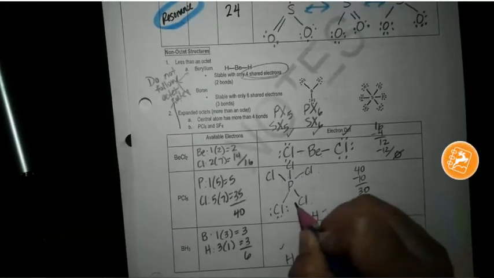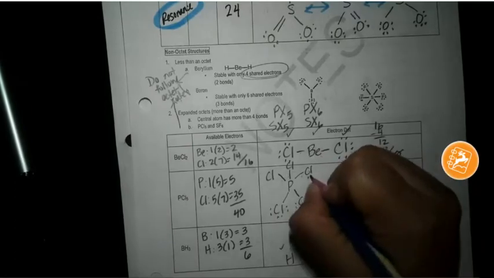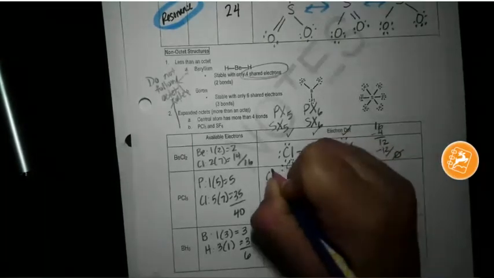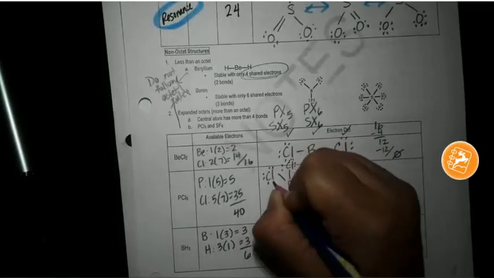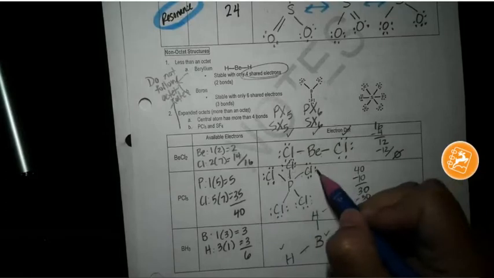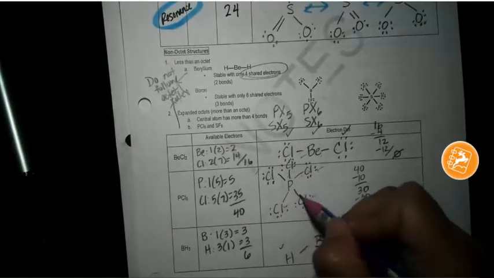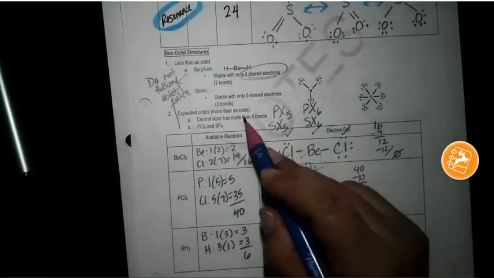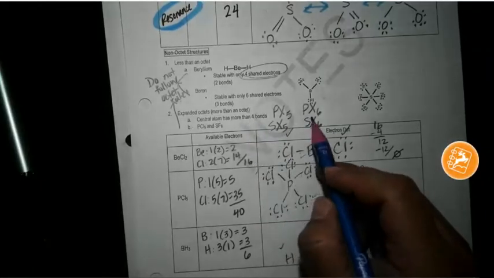Can 6 fit on each one? Yes. So you got to make sure you draw them. And then now I've used up all of them. All the Cl's are happy. And then the phosphorus, you might say, well, that has 2, 4, 6, 8, 10. But it's happy because it's an expanded octet, which means it can hold more than 8, okay?